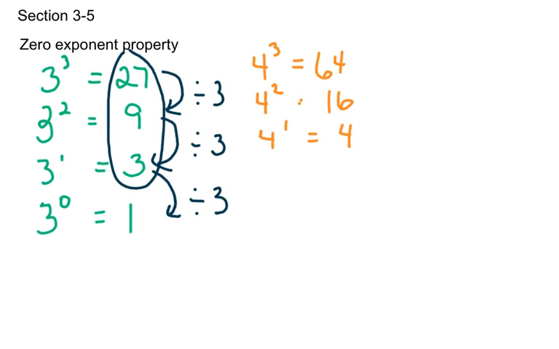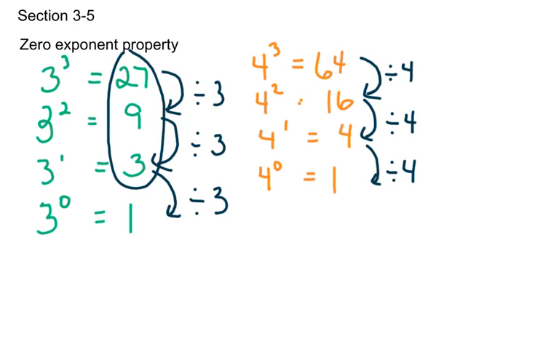Look at what we're doing each time in this column. From 64 to 16, we divide by 4. From 16 to 4, we divide by 4. So if we were to add another row, 4 to the 0 power, we would take that 4 and divide it by 4, and that would give us 1.